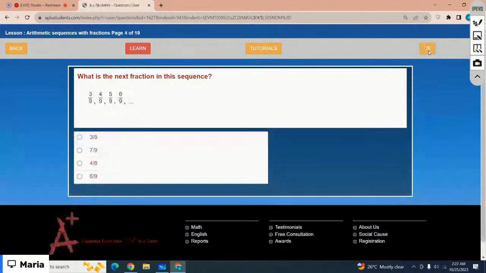Okay, the next one is, what is the next fraction in the sequence? 3 by 9, 4 by 9, 5 by 9, 6 by 9. Which is the next one?